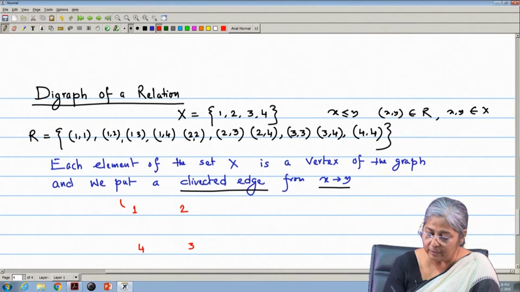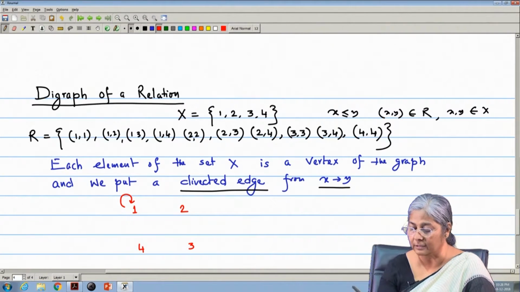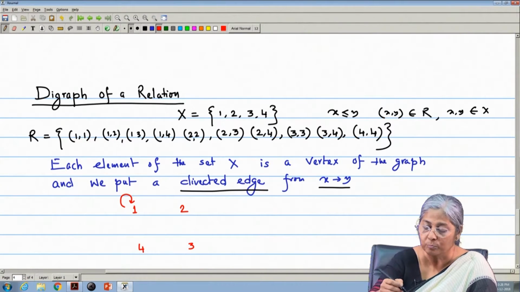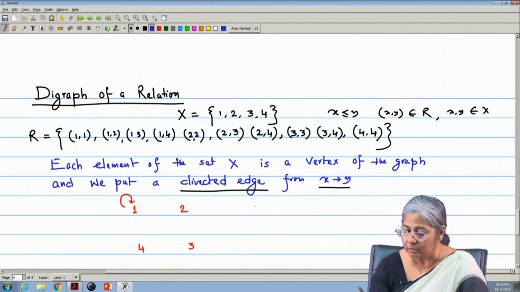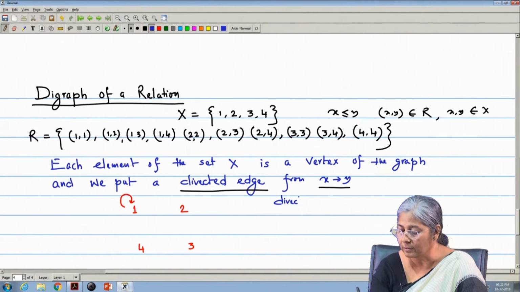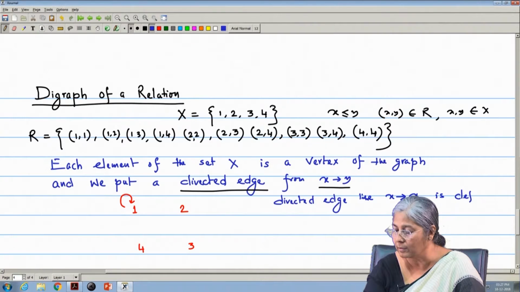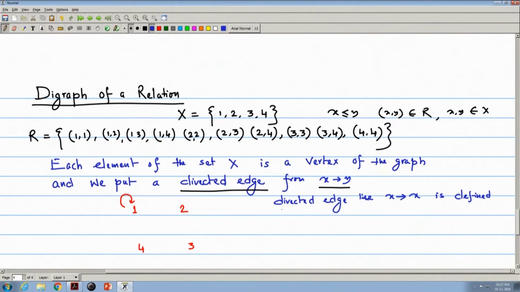So, normally if there is a directed edge from x to x, we call that a loop. So, a loop is defined as a directed edge like x to x. So, we give a loop here.